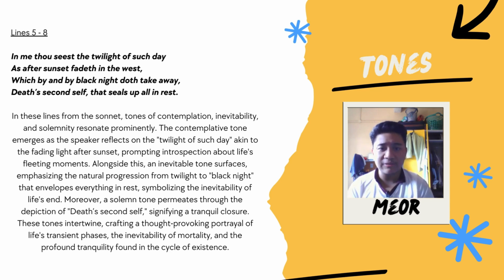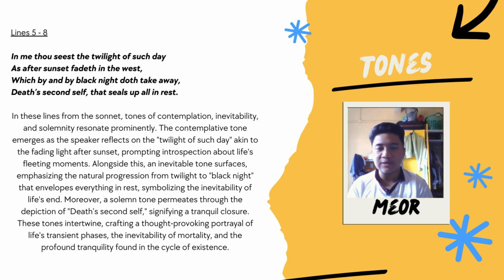The speaker reflects on the twilight, likening it to a life's fleeting moment, which prompts deep thinking. There's an emphasis on the inevitability of life's end, moving from twilight to the enveloping darkness of night, symbolizing the natural progression toward death.